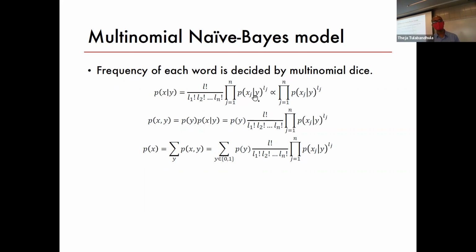Remember, before, for the probability of x given y, the presence of a word was Bernoulli, with p, and the absence of a word was 1 minus p. So there were like 50,000 terms here. Here, because of the multinomial assumption, only the words that are present and have some count, so count 1, 2, 3, or 4, only their terms will be present here.